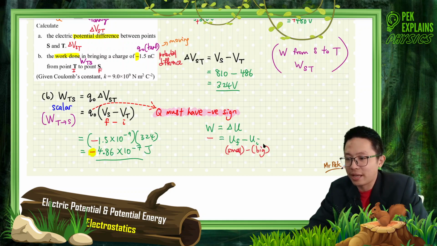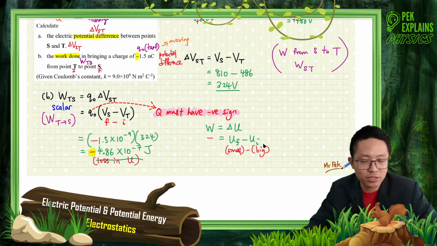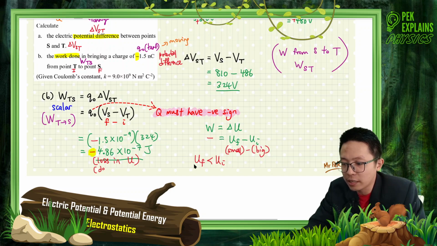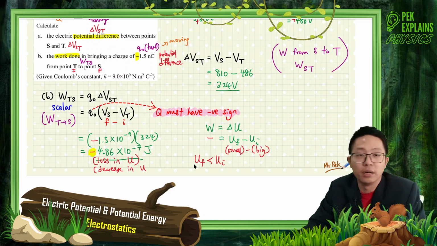So the negative sign here means loss in electric potential energy. That means the final potential energy is lower than the initial potential energy. From initial to final, the potential energy drops. There is a decrease in potential energy of the test charge.